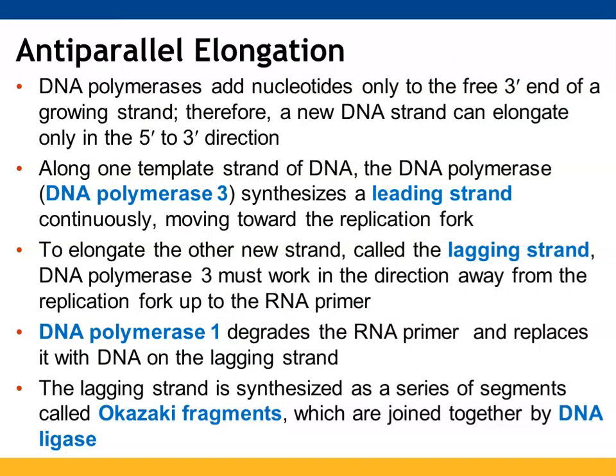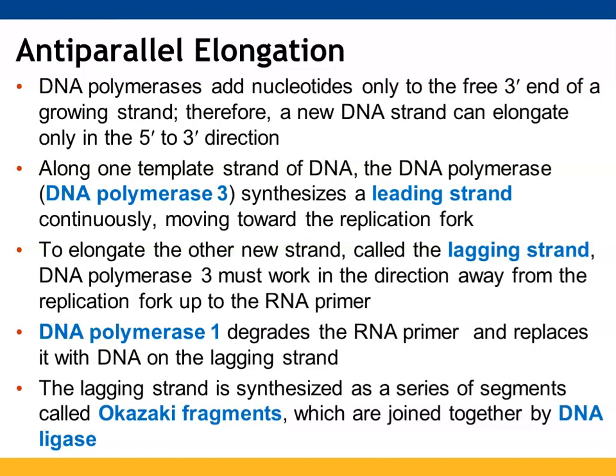So because you have anti-parallel strands and you can only add to the free 3' end where that hydroxyl group is available on your deoxyribose sugar, your DNA strand will only be able to grow from 5' to 3'. So you have two strands moving in opposite directions. The one that is moving towards the fork is known as your leading strand.